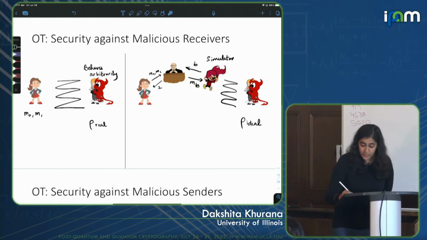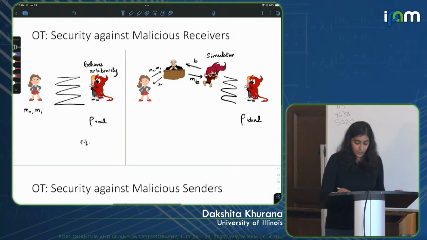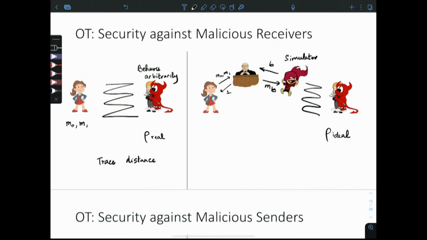And from this, it generates a view for Bob such that the trace distance delta between rho real and rho ideal is small.